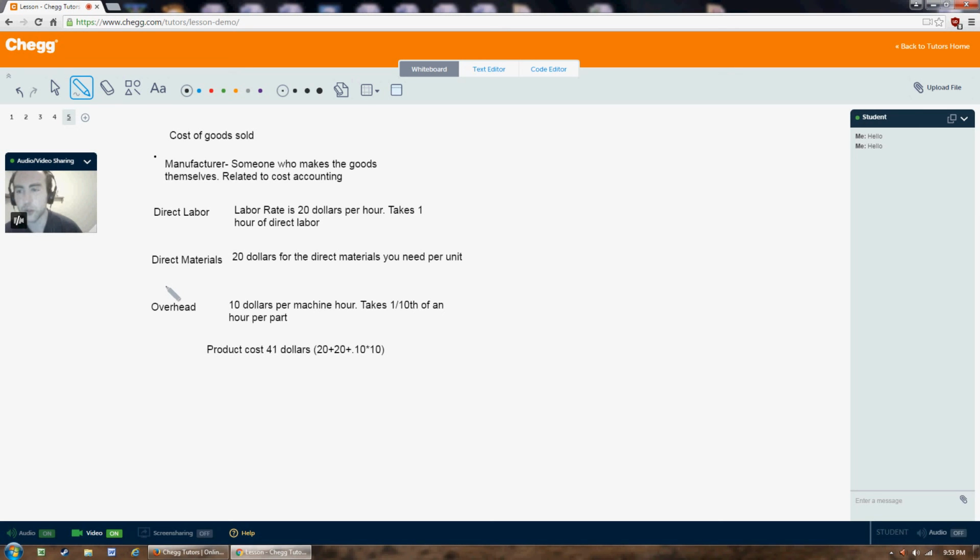So if we were using oil, a drop of oil on a part, if we were cleaning it with some Windex or whatever it might be, if we had some depreciation on factory equipment, some factory supervision expenses, some factory janitorial work, and we didn't want to allocate each of those individually, what we would do is we would put it in a cost pool, and then we would allocate that cost pool based on some activity base.